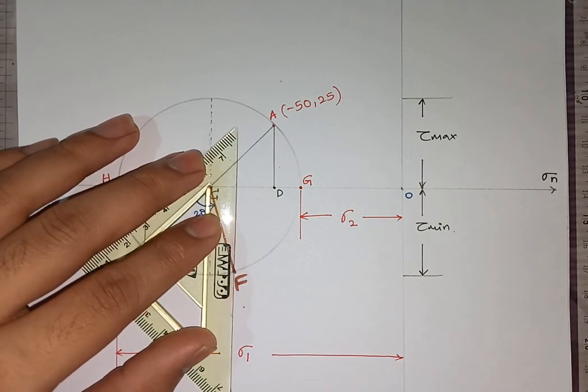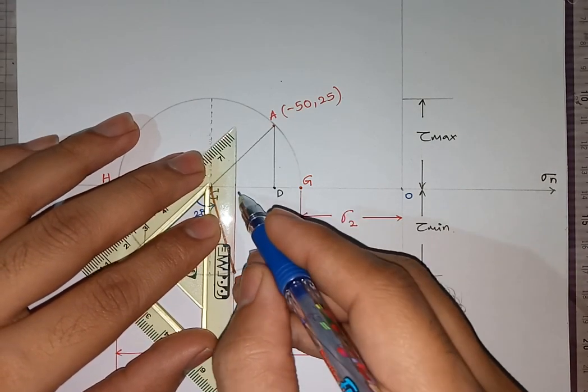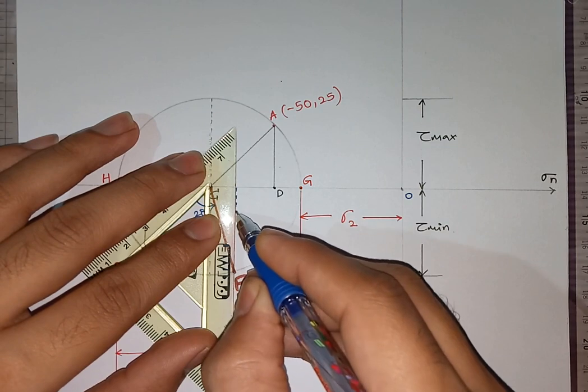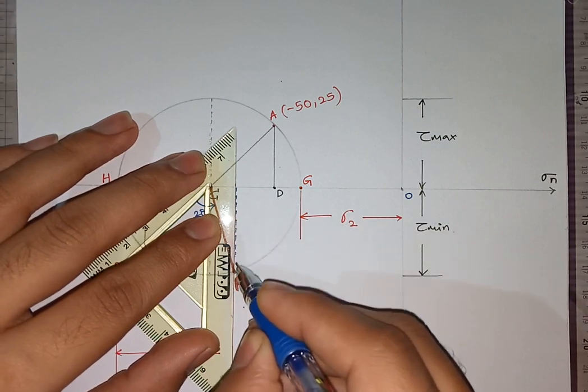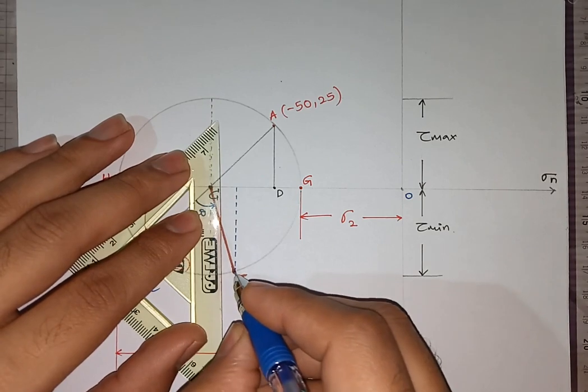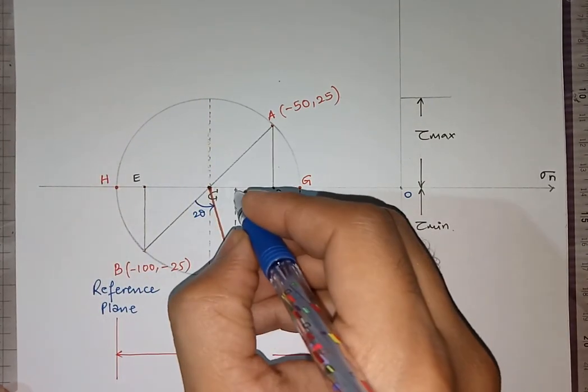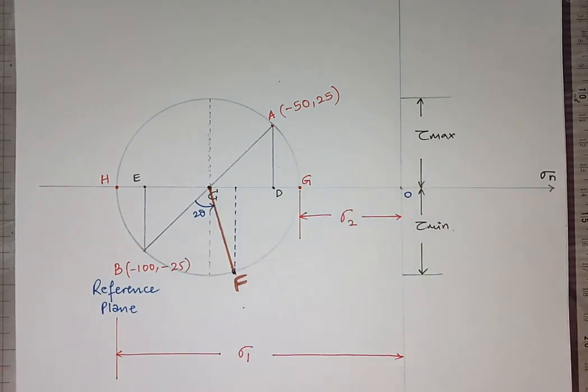So let me draw a perpendicular here. From this point F, I have dropped a perpendicular here up to this point. Now let me check out what is the value of tau and what is the value of sigma n.